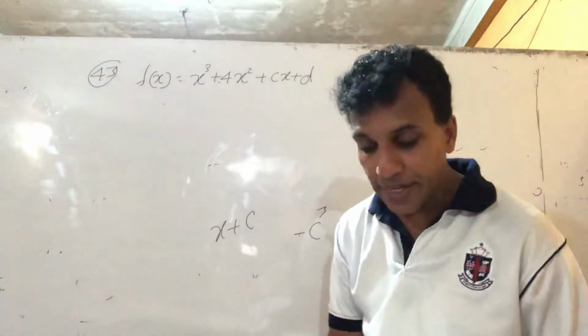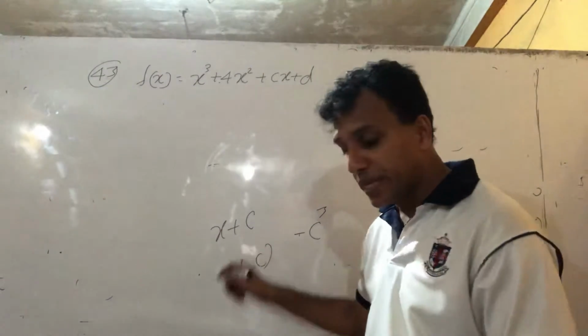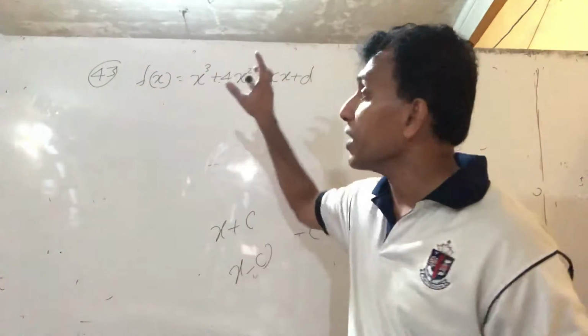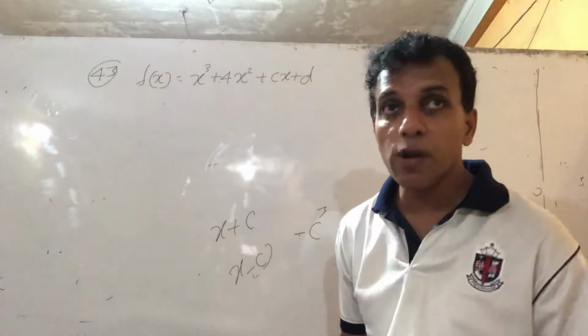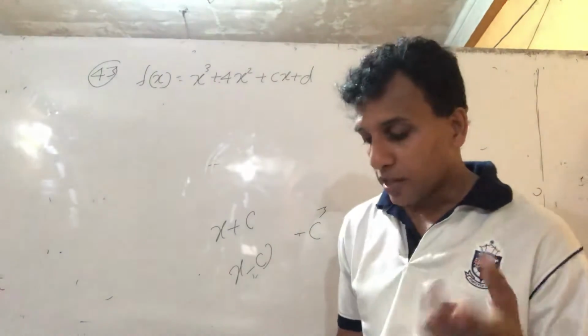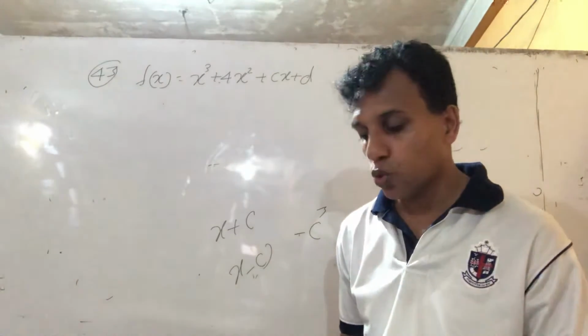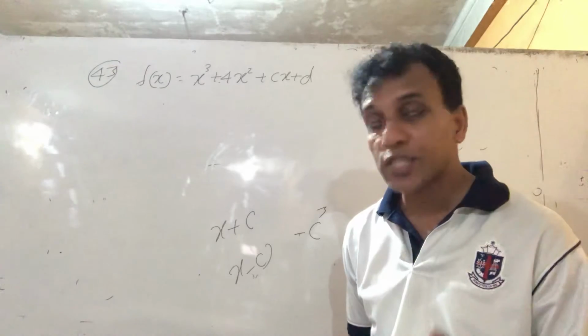That is one piece of data. Also, x minus c is a factor of fx. So two very valuable statements are provided to us. Therefore, show that c equal minus 2 and d equal minus 12.